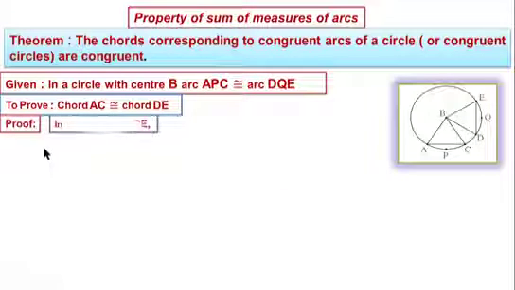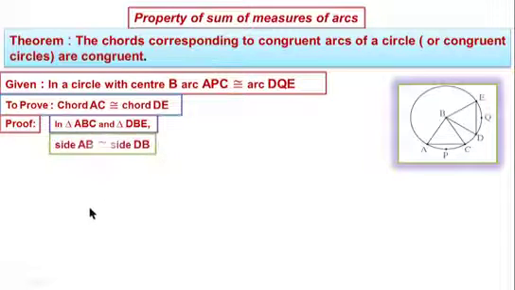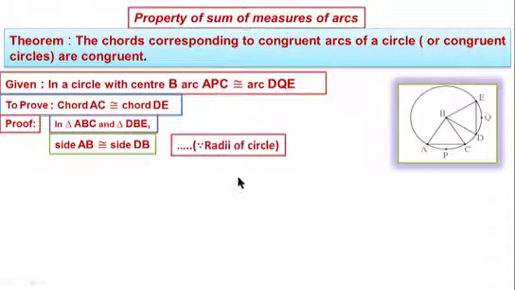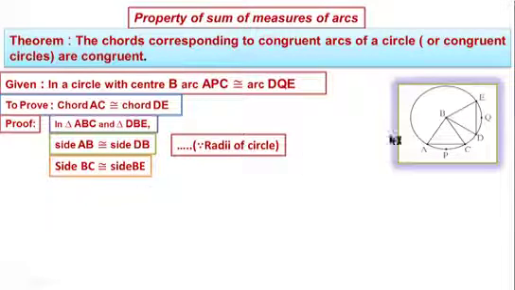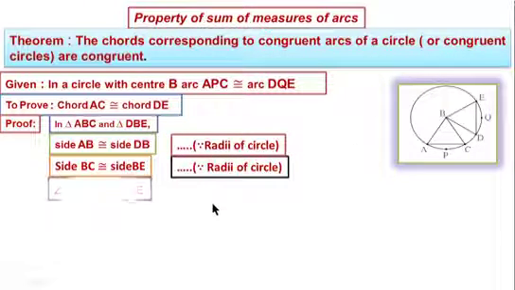Proof: in triangle ABC and triangle DBE, side AB is congruent to side DB. Why? Radii of the circle. Side BC is congruent to side BE, radii of the circle.